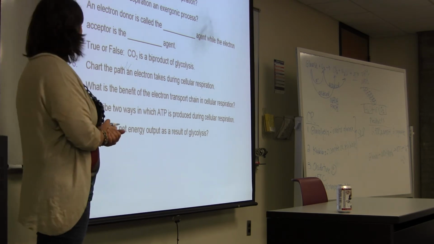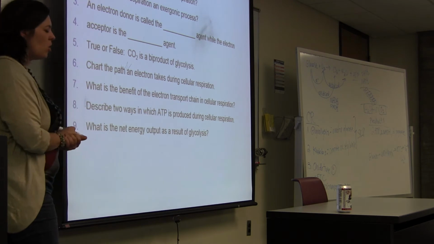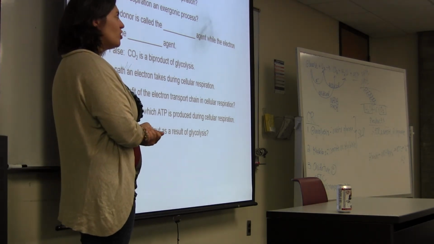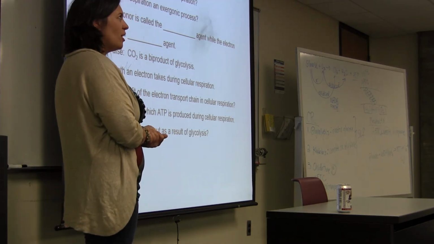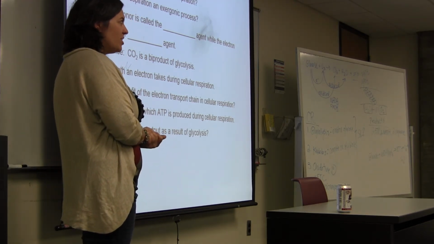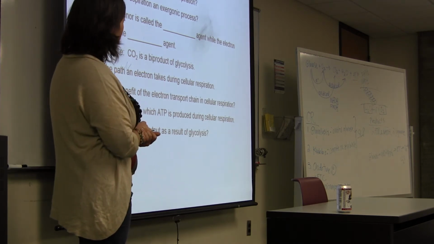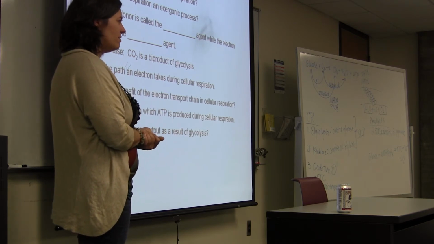Number 4. An electron donor is called the, let's see, I always get these confused too. The electron donor is called the reducing agent, and the electron acceptor is called the oxidizing agent. Right?